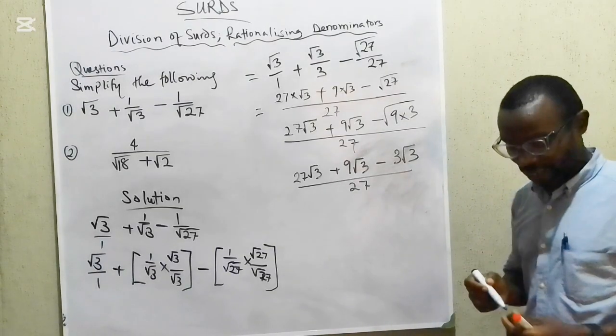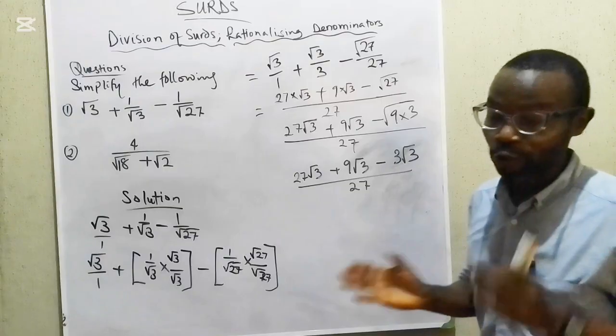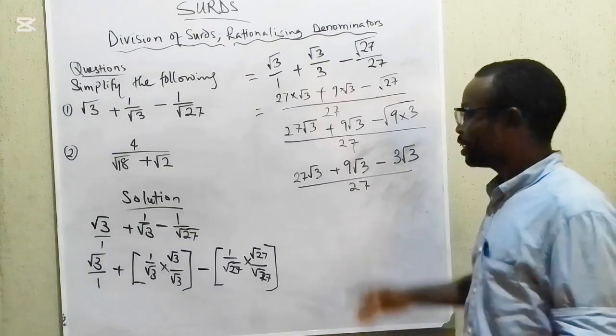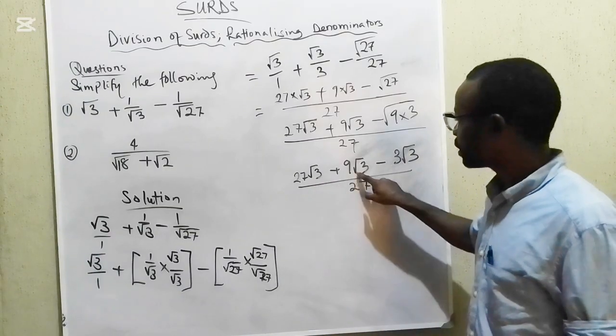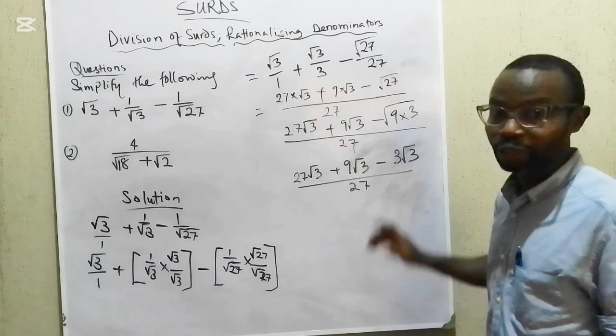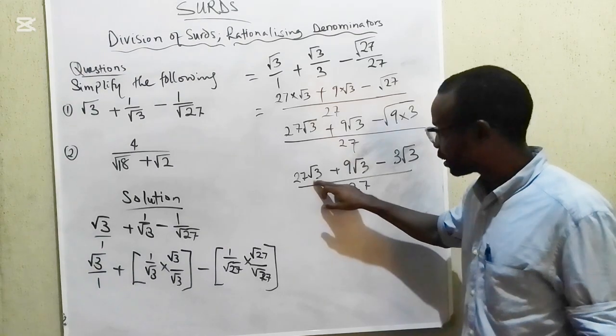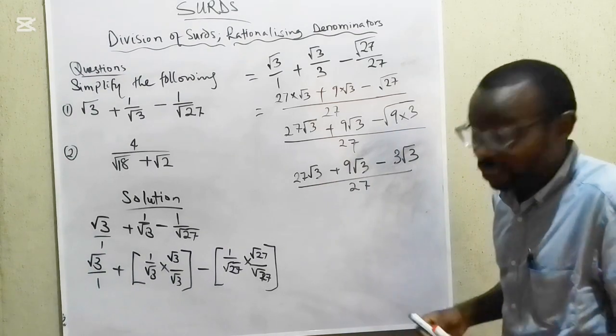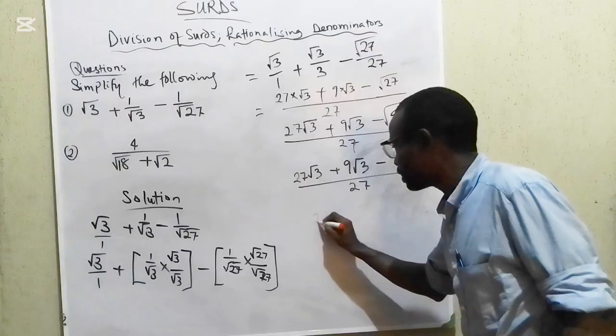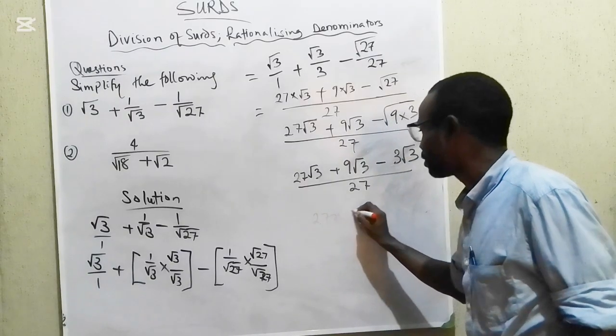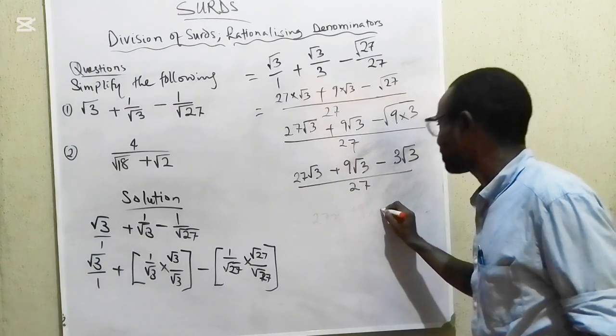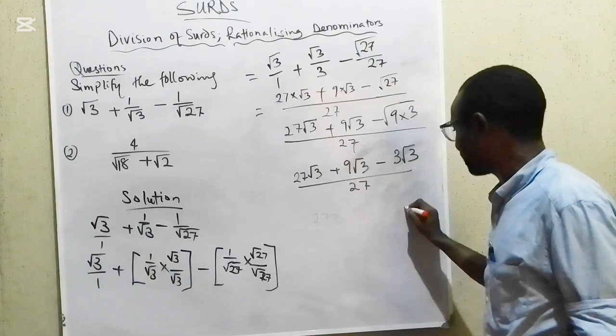There's something very striking making it very easy to add and subtract. It's because they all have a common variable. The variables are the same. This is root 3, root 3, root 3. It is just like doing 27x plus 9x minus 3x.